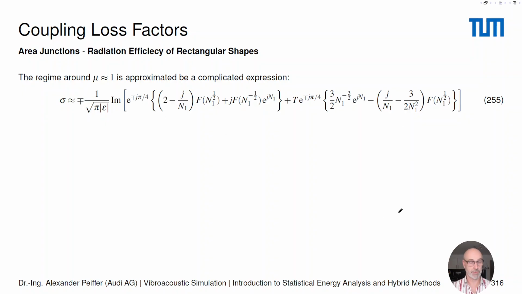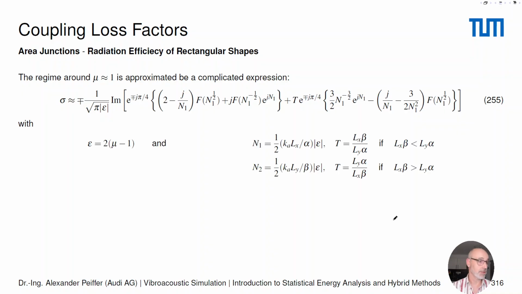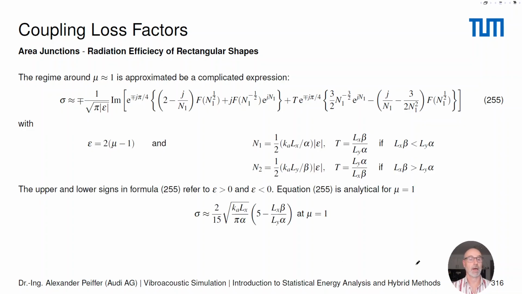I will not derive it. It's just for mentioning it, and you have some different cases that have to be considered, and so on and so on. However, we have Python or numerics to implement this. So for exactly one, that's an analytical equation, and then it's represented by this.